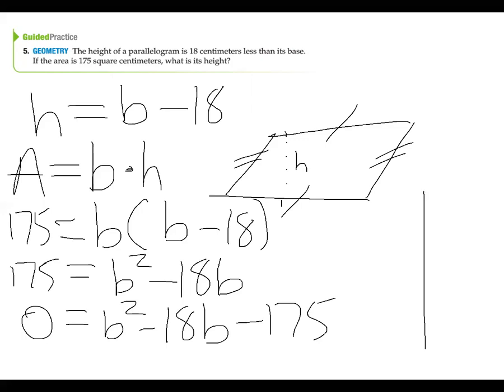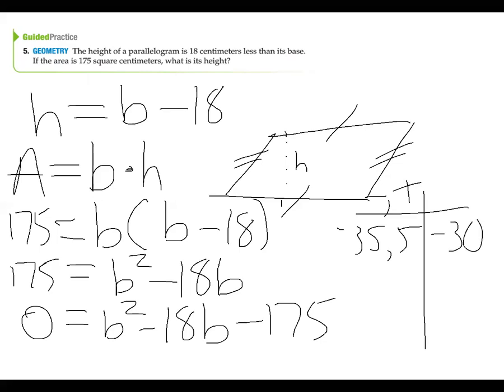So, since the bigger number is negative, I need negative, comma, positive. Well, 1 and 175 aren't going to work. The next number that would divide into 175 would be 5. So that'd be negative 35 and 5. Well, that's going to give you negative 30, which isn't going to work.